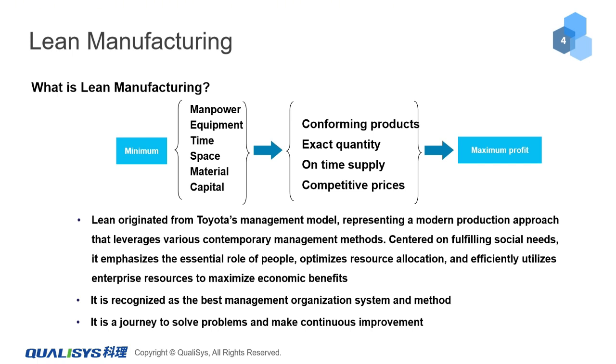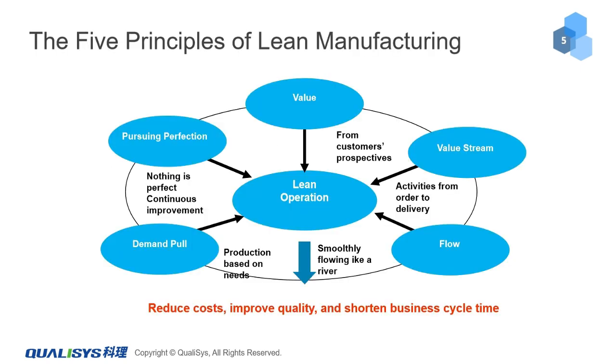So US experts conducted a very, very thorough study of the Toyota production system. And after studying the whole system, they gave the Toyota system a name, lean manufacturing. Actually, the word lean is from the US experts.